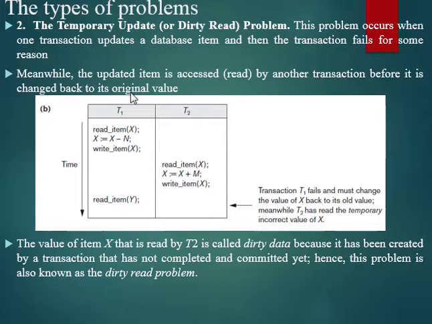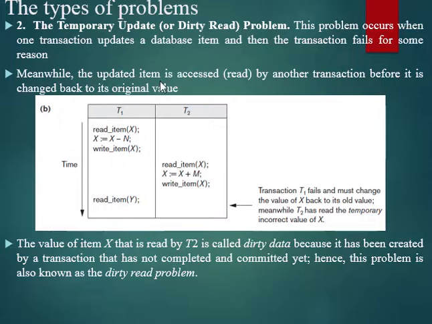So m can be 30, then 30 plus 30 is equal to 60, and T2 does write item x, that is 60 is updated into the database and it completes the execution. Meanwhile the system switches back to T1, but at that time T2 has already completed its execution and left the system.